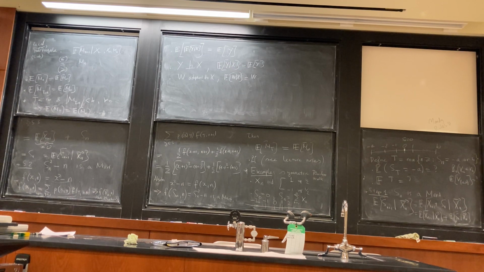Yes, sir. Is f of x, this x squared, a convex function? Well, it depends. I have two arguments, x and n, and n is also a variable. If you fix n, then it is a convex function.